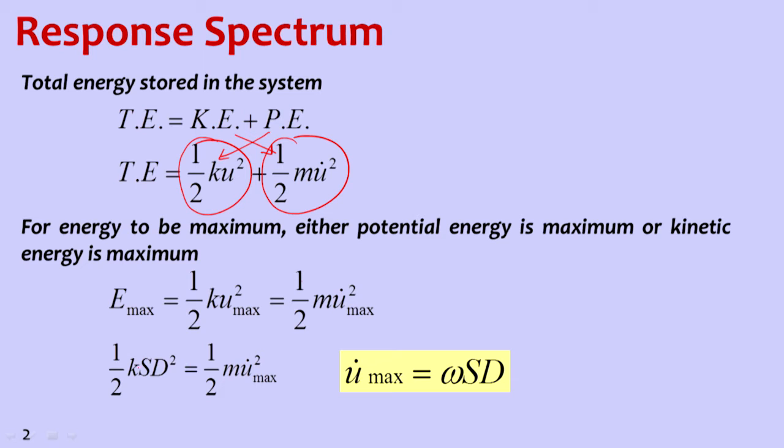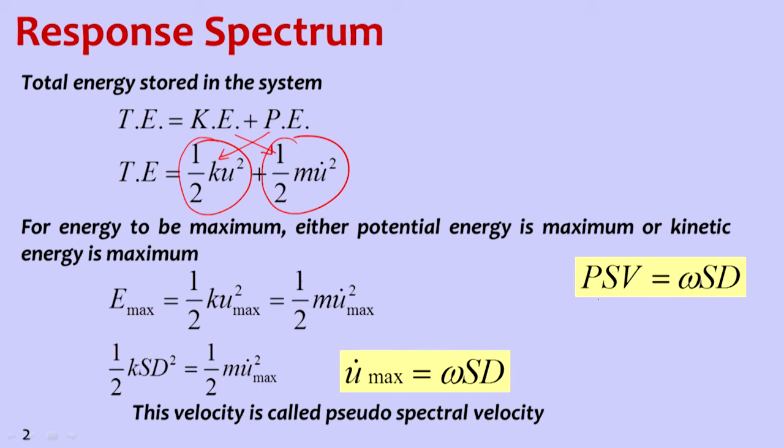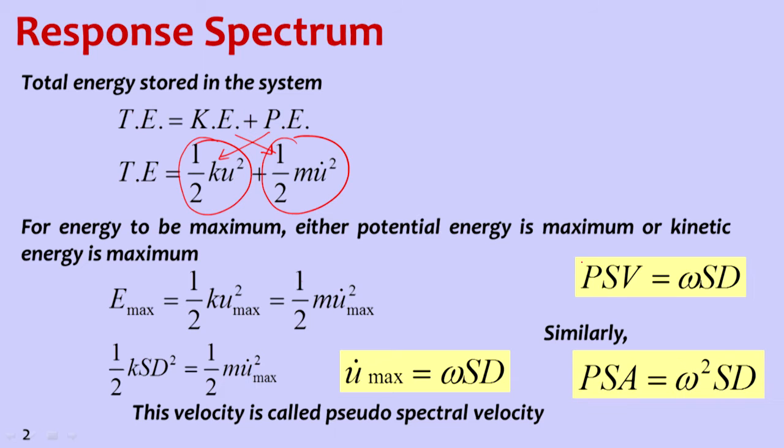If we take the root, under root k by m is omega and the square root of SD square is SD. So u dot max, that is maximum velocity, is equal to omega times spectral displacement. This velocity is called pseudo spectral velocity. Similarly we can get pseudo spectral acceleration as omega square SD.